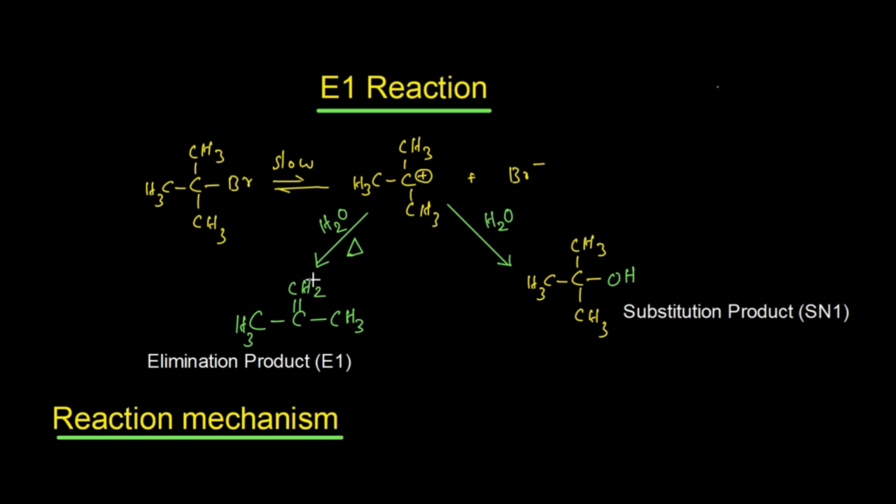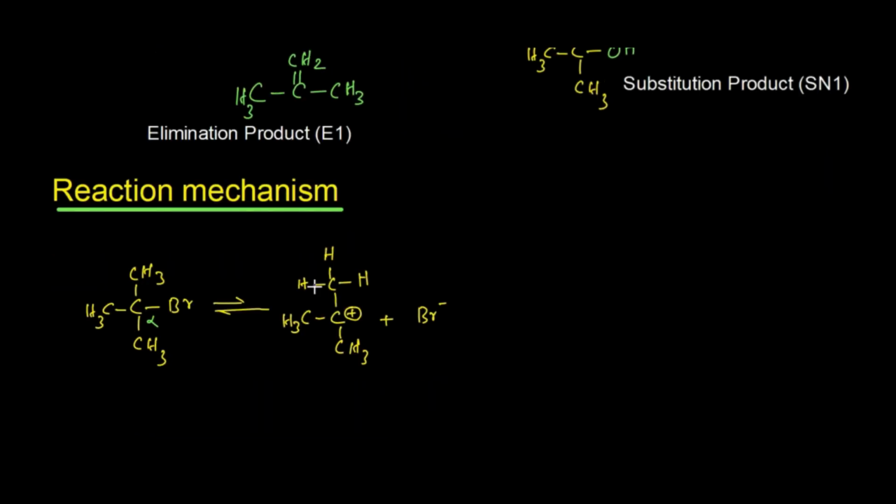Now we see the reaction mechanism. As we learned in the SN1 reaction, the first step is the formation of the carbocation. Instead of the nucleophile attacking this positive charged carbon, the solvent will abstract the hydrogen from the beta carbon. The halogen-connected carbon is the alpha carbon, and the next carbon is the beta carbon. So this is a beta carbon, this also a beta carbon, and this also a beta carbon.